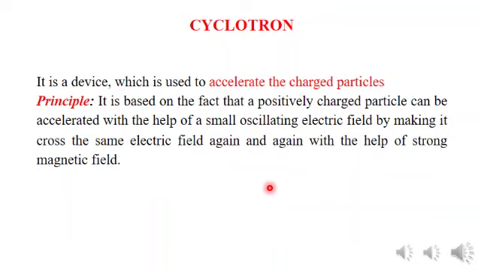So the principle of cyclotron is the fact that a positively charged particle can be accelerated with the help of a small oscillating electric field by making it cross the same electric field again and again with the help of a strong magnetic field.